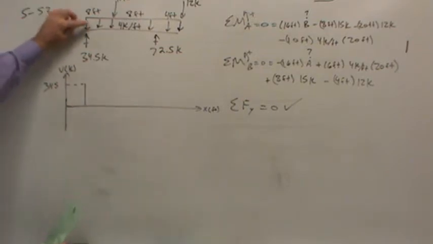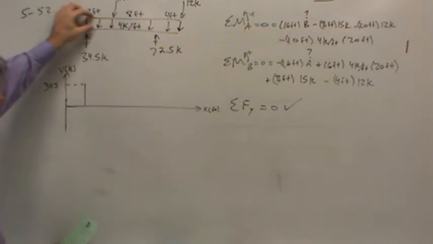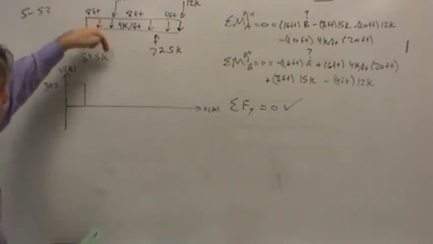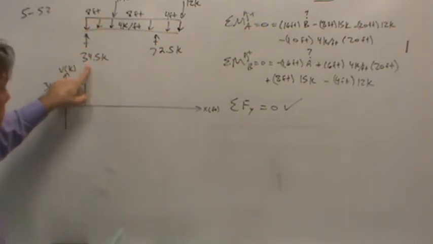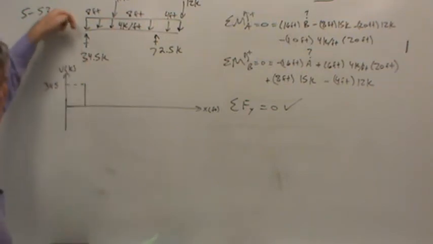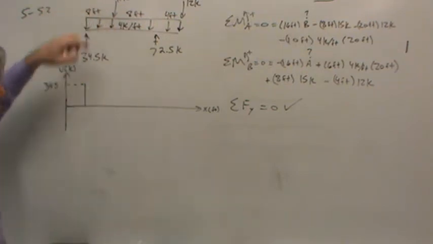And as this distributed load is applied along the length of the beam, the amount of shear force required to resist this reaction becomes less and less because the distributed load is helping.